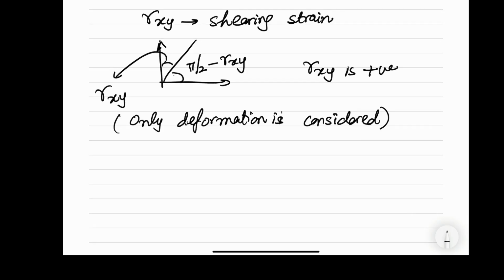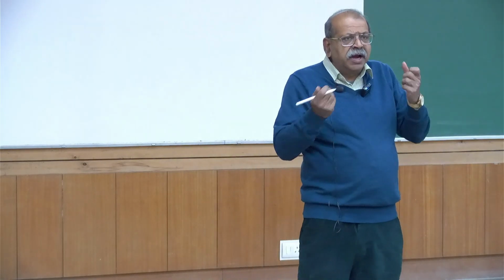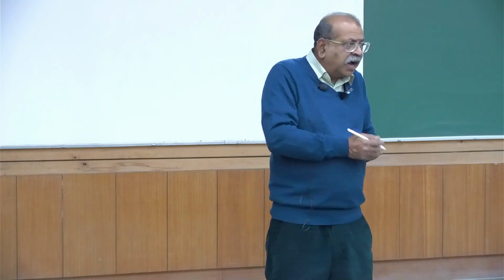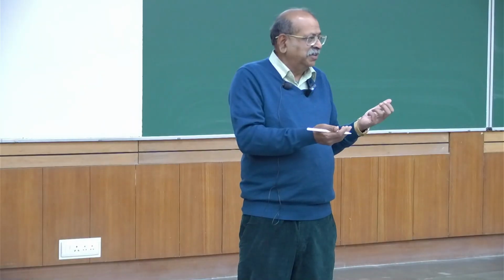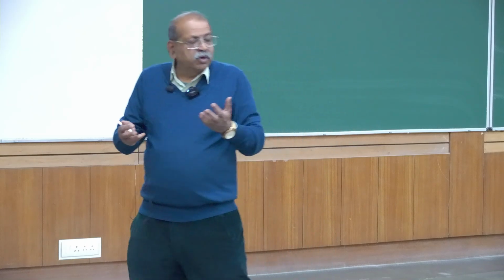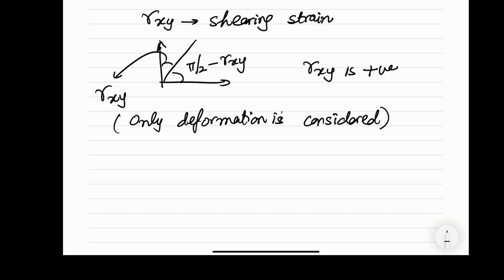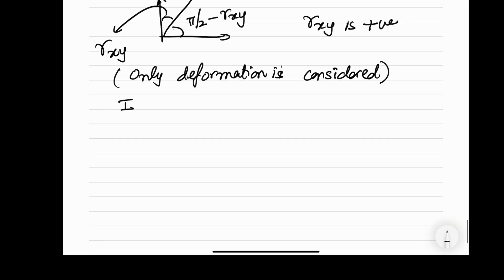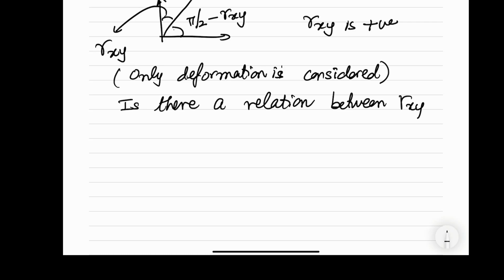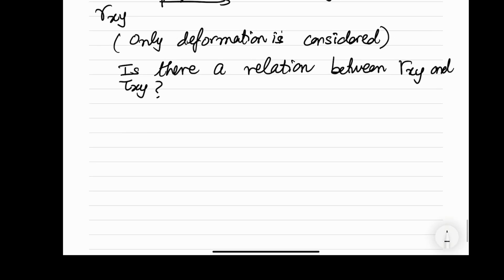So now, as we had a relation between sigma and epsilon, we ask ourselves, is there a relation between tau xy and gamma xy? Just as we had Hooke's law for the elongation, so we ask a question, is there a relation between gamma xy and tau xy?